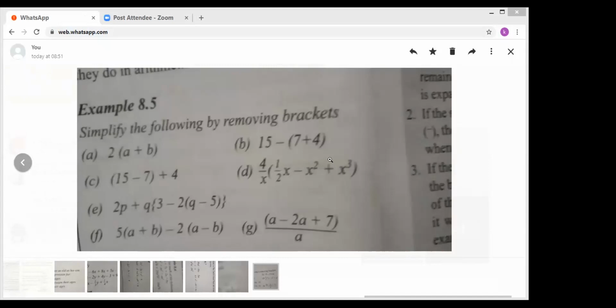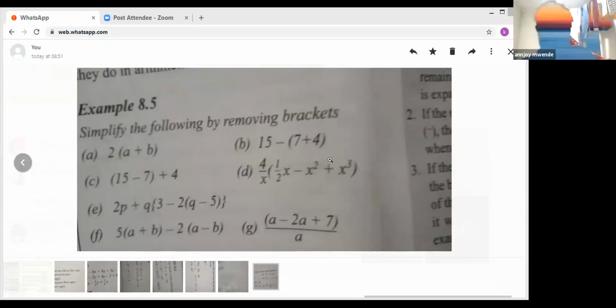I have to simplify. 4 over x times a half x, the x cancels with the other x, so we get 2.